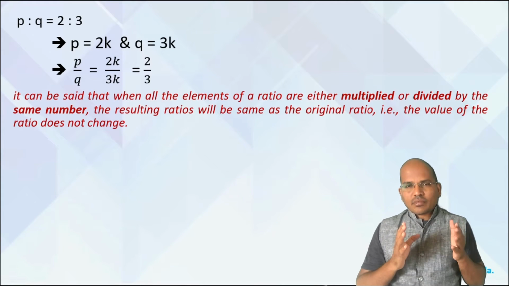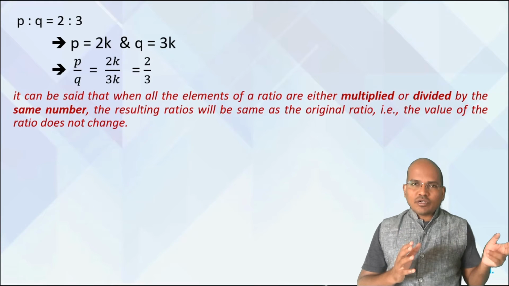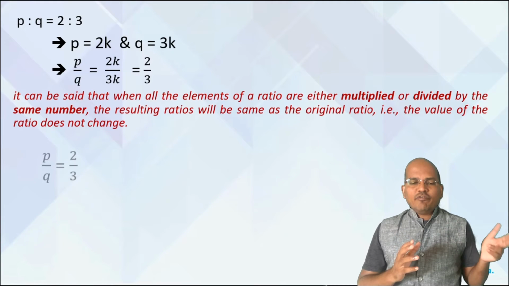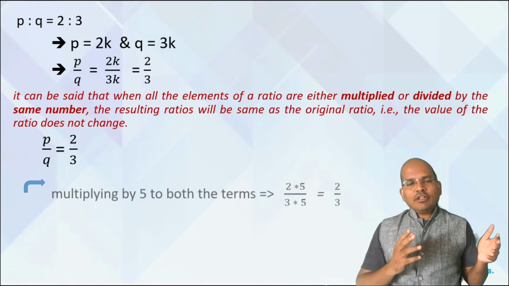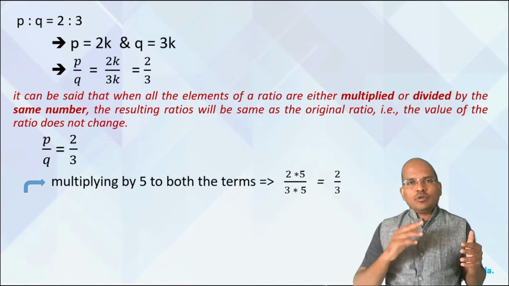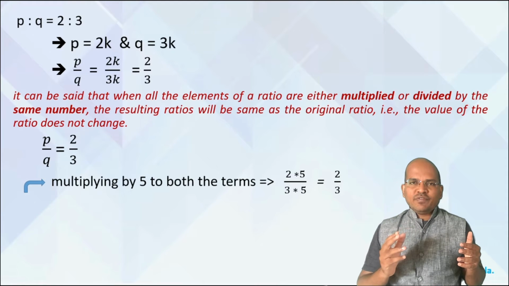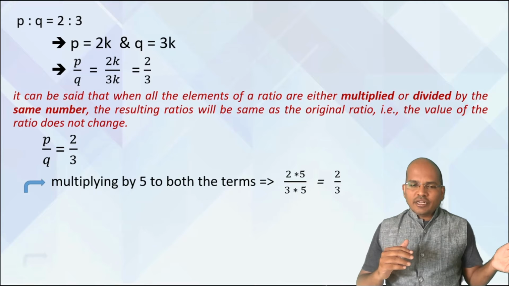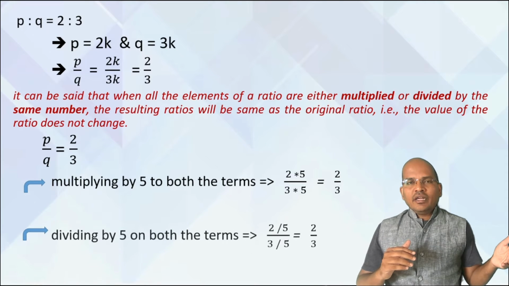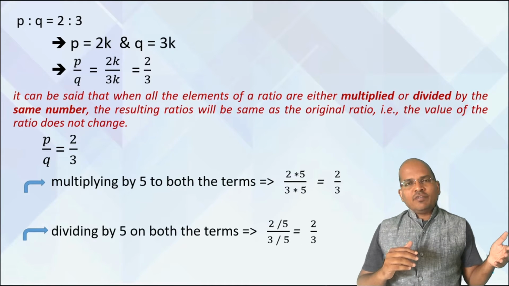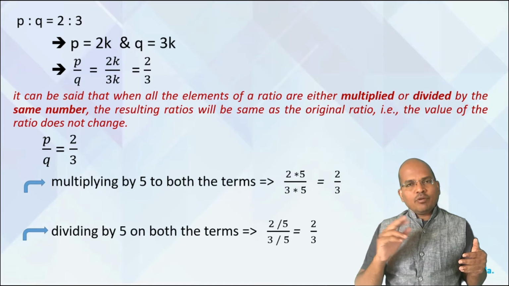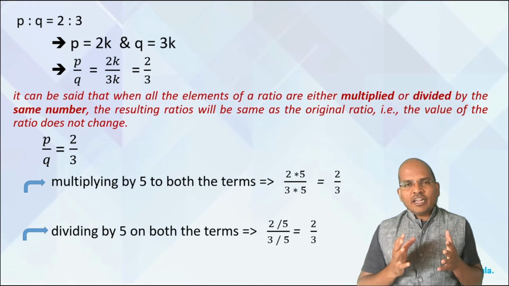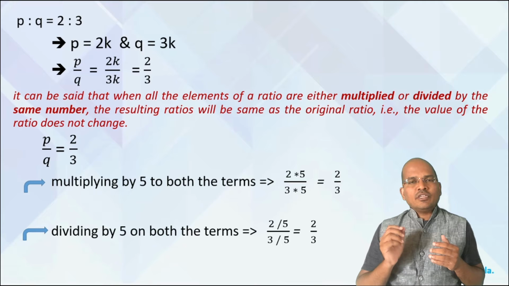That is, the value of the ratio does not change. Take an example. If P is to Q is 2 is to 3, and multiplying by 5 to both the terms, you get 2 times 5 upon 3 times 5. You can minimize 5, so you again get 2 upon 3. Similarly, when you divide a constant called as 5 to both the terms, it is 2 by 5 upon 3 by 5. You are again left with 2 upon 3, which is 2 is to 3.